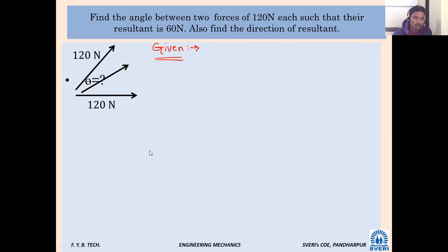Who will read the problem statement? Are you sharing screen? Pranali, the screen is not visible. What are you observing on the screen? Only video. Others? Visible, sir.